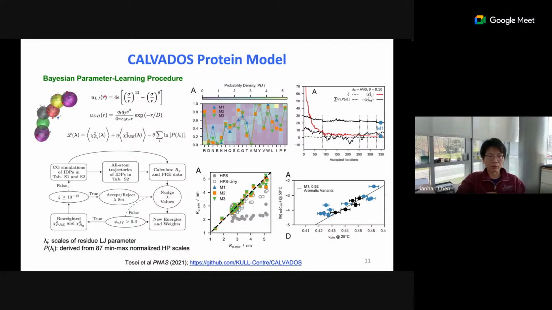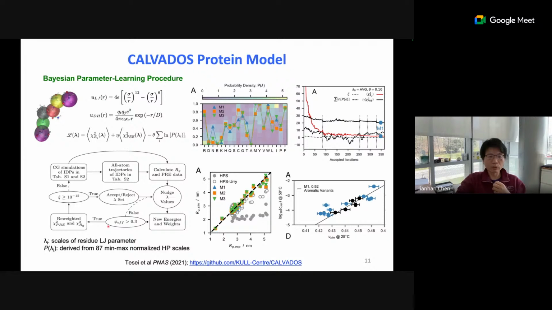Lambda is actually the scaling of the interaction between different types of residues. So in this optimization, what you're mainly trying to optimize is the lambda. Essentially you have 20 lambda parameters, which determine the stickiness of the 20 amino acids, 20 beads that correspond to each residue type.